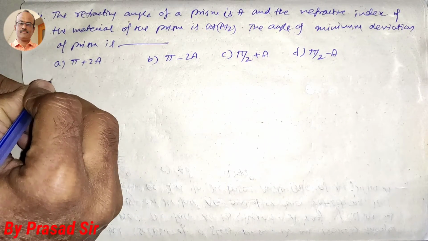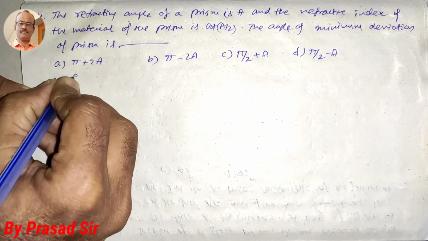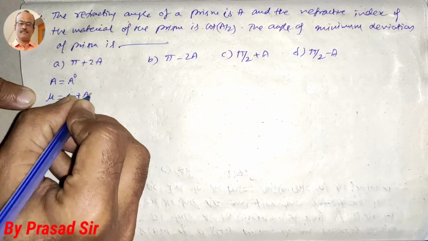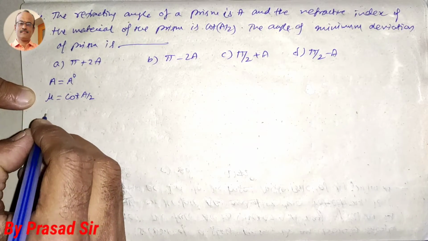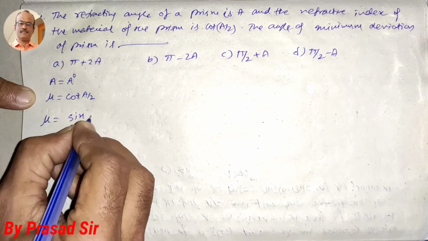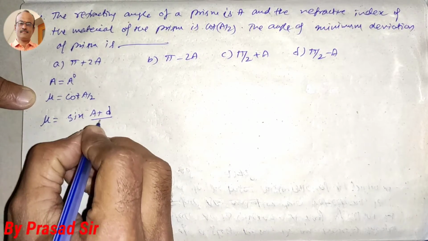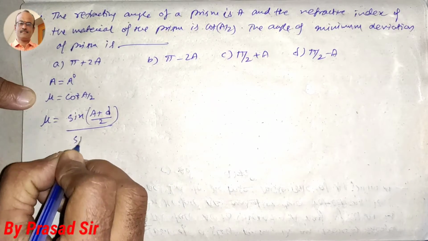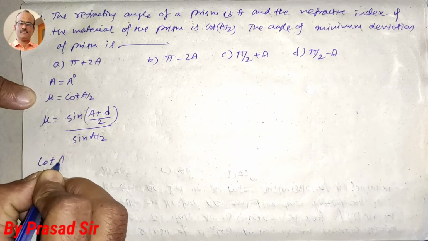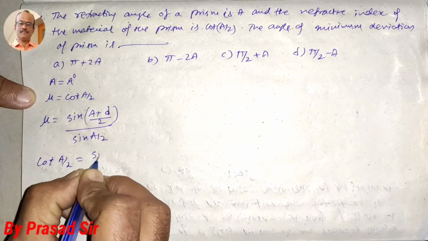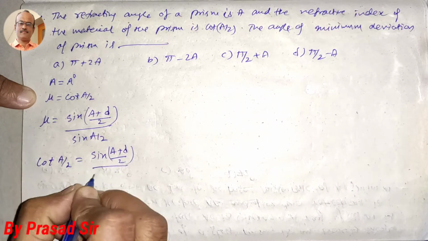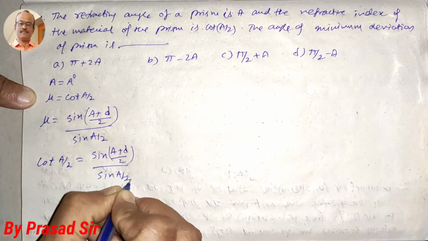So here angle of prism is A, and refractive index is given mu equal to cot A by 2, and for the minimum deviation, we know the formula, mu is equal to sin of (A plus d) by 2 divided by sin A by 2. Here mu is cot A by 2, so cot A by 2 is equal to sin of (A plus d) by 2 divided by sin A by 2.